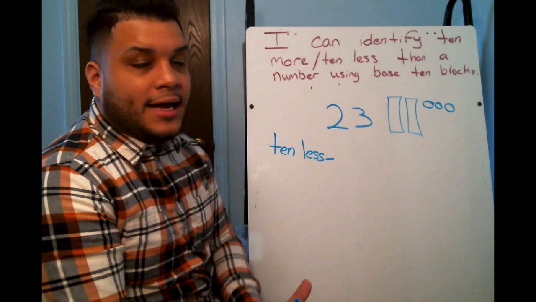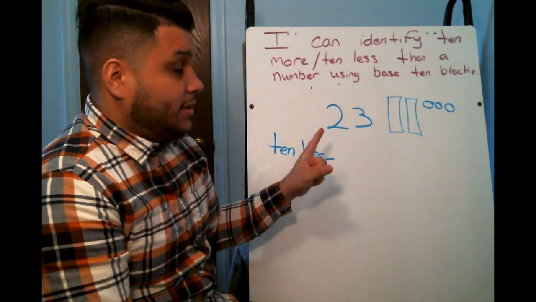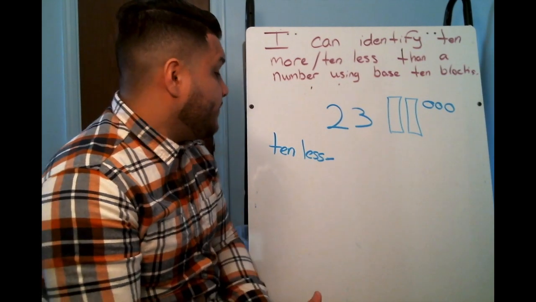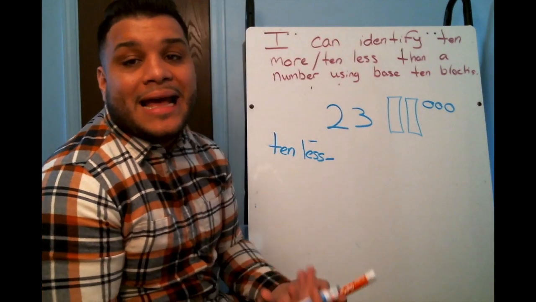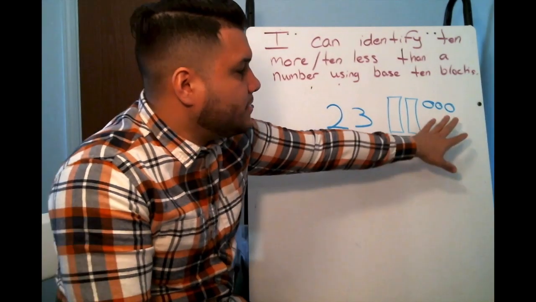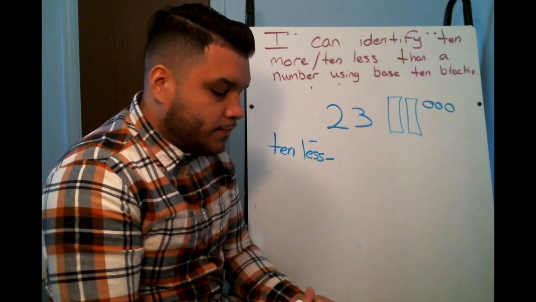Well, I want 10 less. If I'm taking away, because less, the relationship with addition and subtraction means that I'm subtracting. So I'm going to put a little subtraction sign up there. I'm going to take 10 away from the number 23. So do I need to take away any of these single cubes? No, I don't.